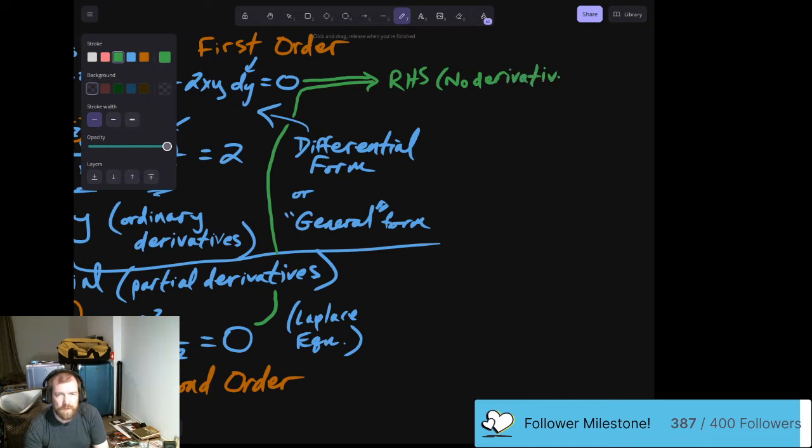Now, it doesn't have to be the right-hand side, but usually it's isolated over on the other side, and usually it just has no derivative terms on the other side.